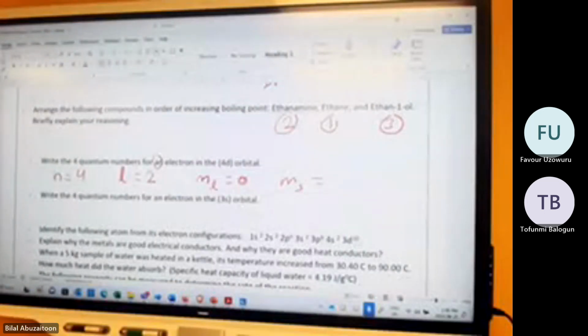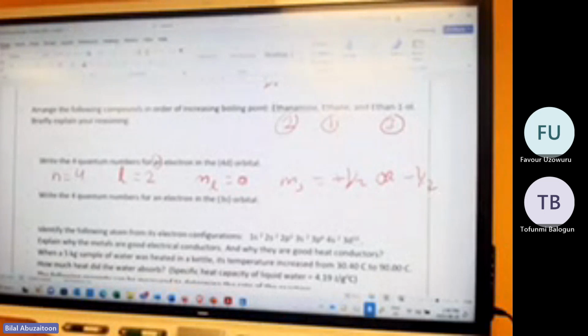0 as an example. M sub S equals what? Minus half or plus half? Plus or minus, that doesn't matter.